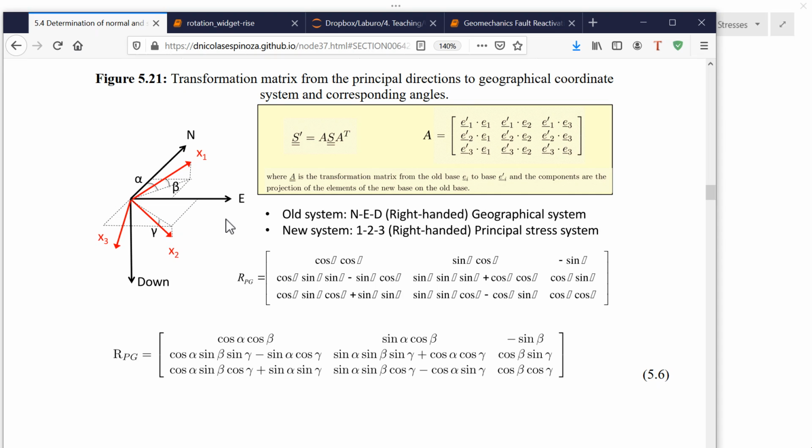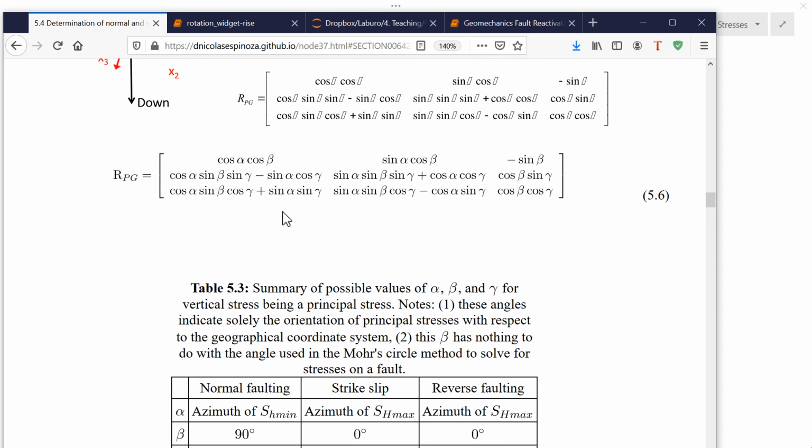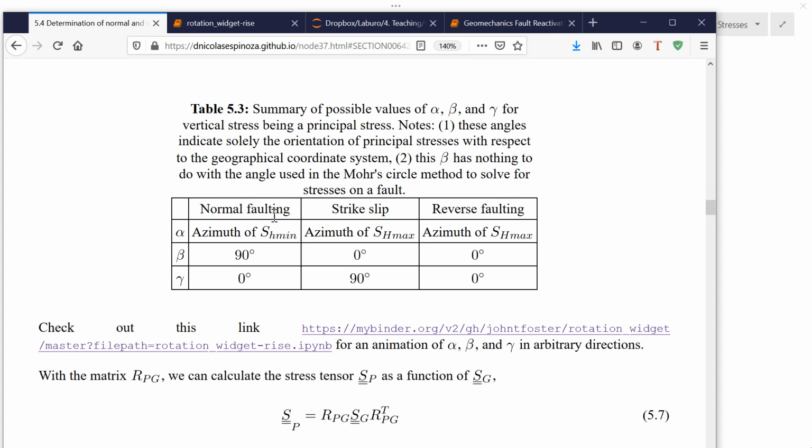I'm not going to make your life difficult in going into cases in which all alpha, beta, and gamma are different than 0 or 90, but we're just going to see cases that apply to normal faulting, strike slip, and reverse faulting. And for those particular cases, this is a lot easier to look at.